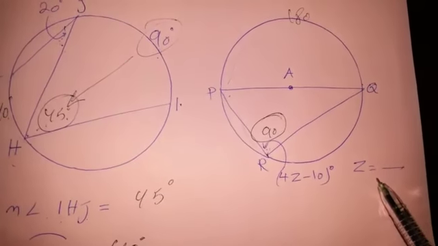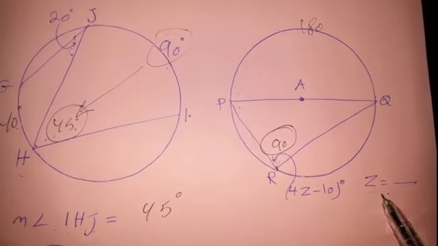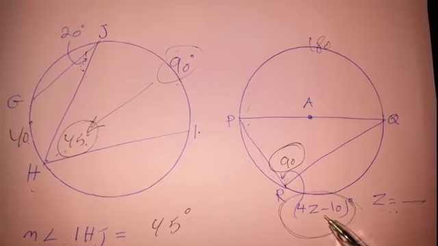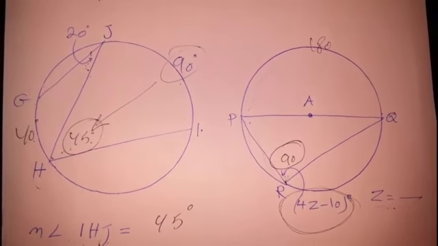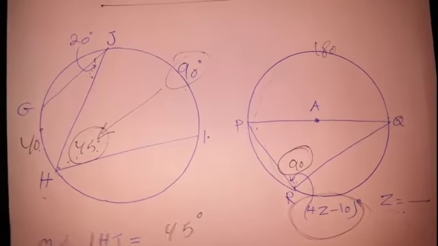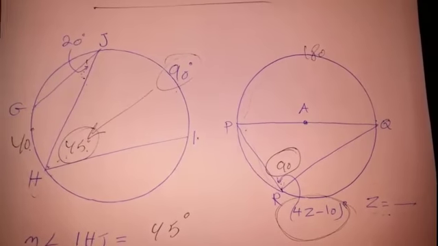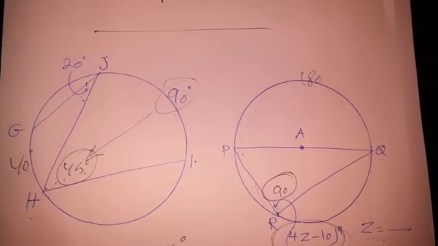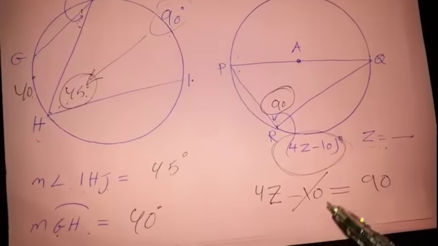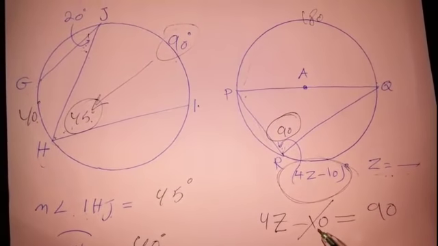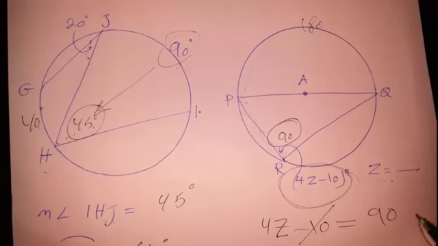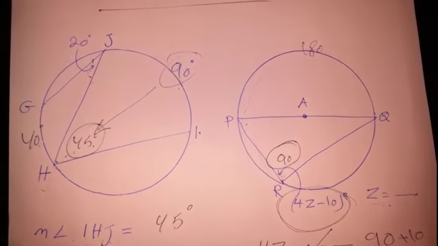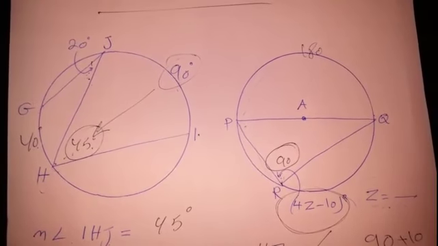So the question here, we need to find z, right? I need to make an equation by equating this one to 90. So I write 4z minus 10 equals 90. Move minus 10 to the other side as plus 10, so 4z equals 100.